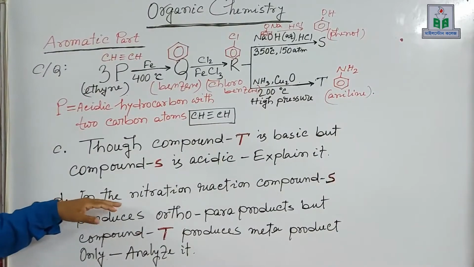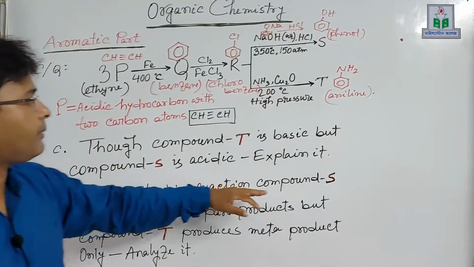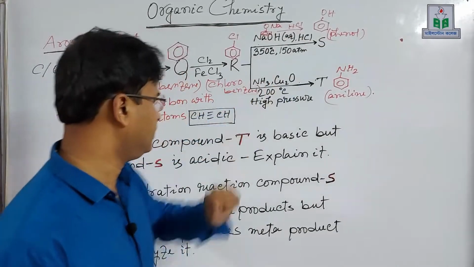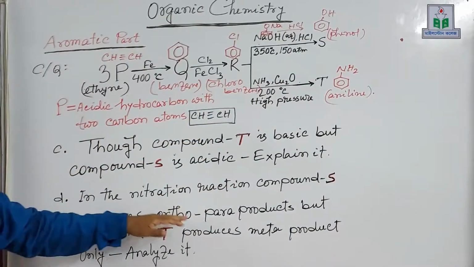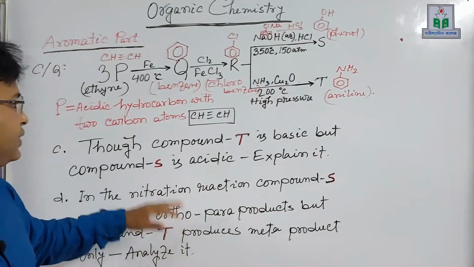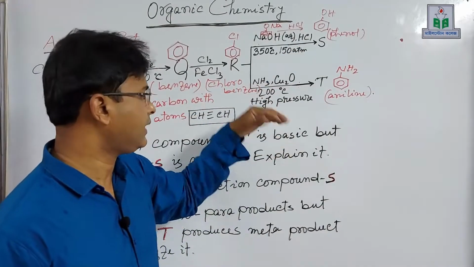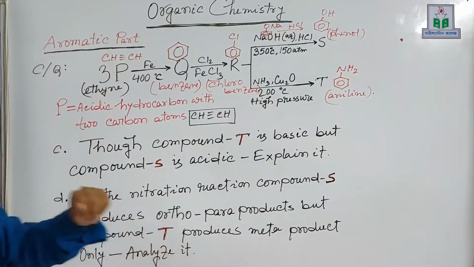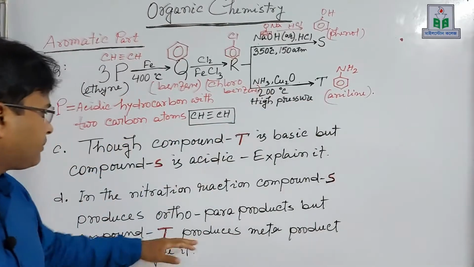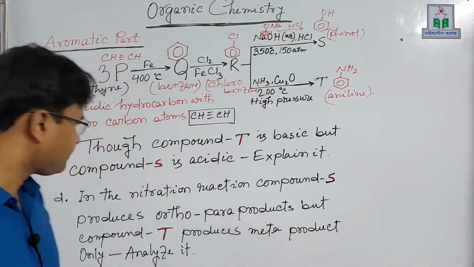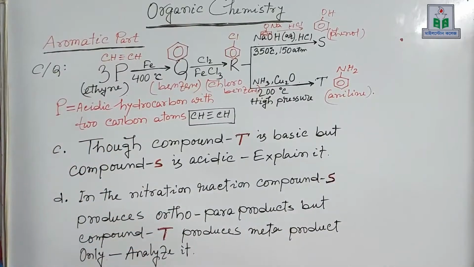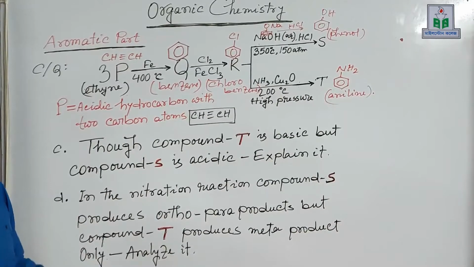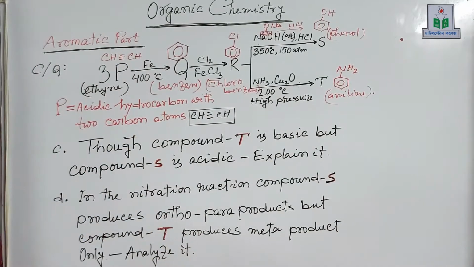D, in the nitration reaction of compound S, phenol produces ortho-para products, orthonitrophenol and paranitrophenol, but compound T, aniline, produces meta product only. Analyze it. That's all for this creative question.